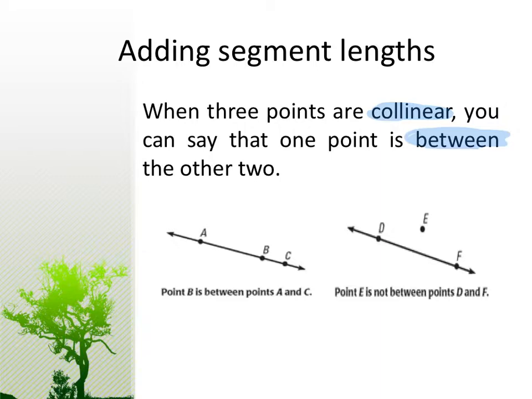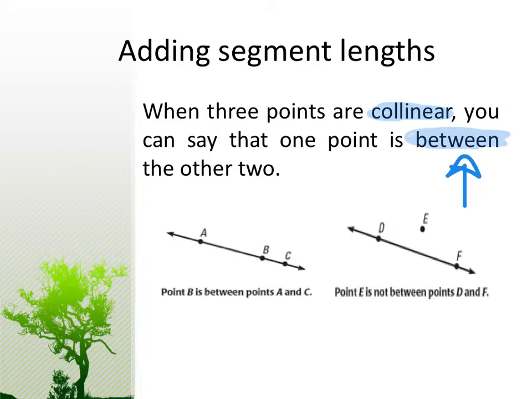What adding segment lengths says is when you have 3 points that are collinear, you can say that one point is between the other 2. In order to use the segment addition postulate, this word between is going to be very important. We need to know that one of the points is in there, in between them.